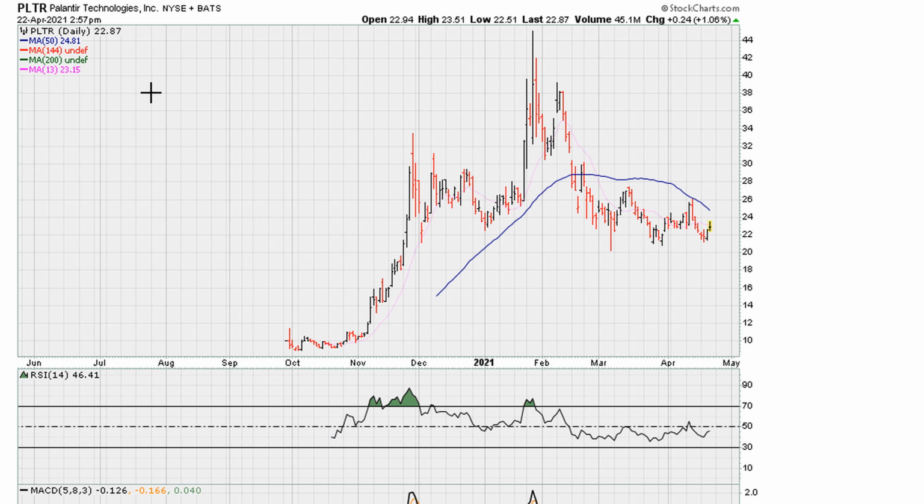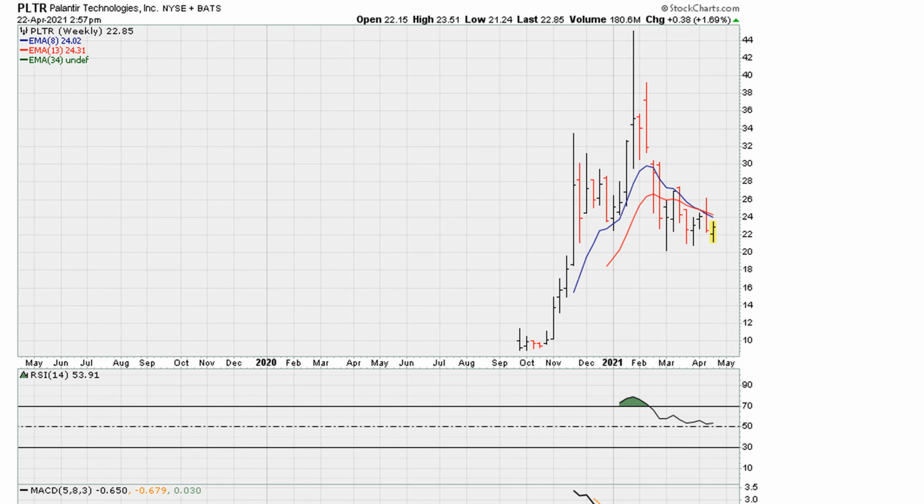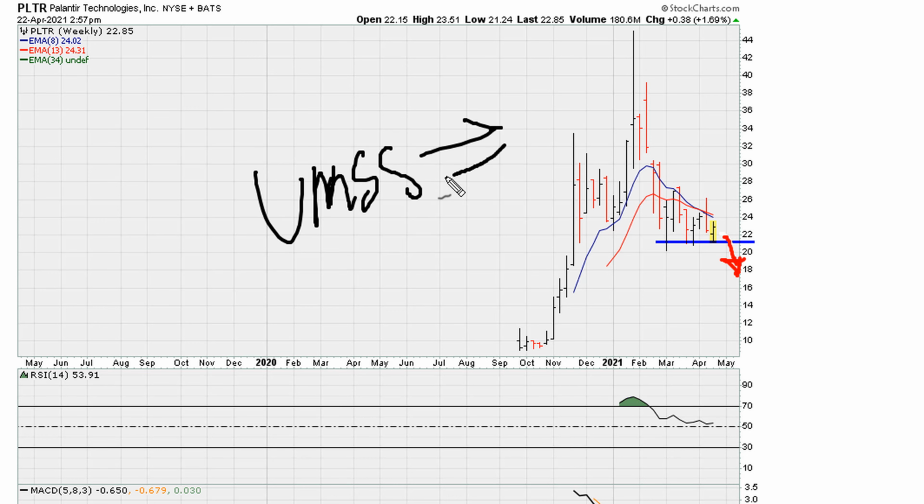Now, what I want to discuss in this video also is, if you take a look at the weekly, we can see that if the weekly was to lose this area here, in other words, if prices were to drift below this recent lows range, a break of that price area would actually be giving a fresh signal based on the ultimate Muathe sell signal, which is the inverse method to the Muathe breakout alert method.